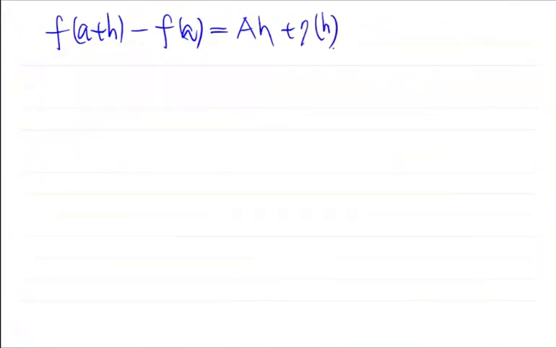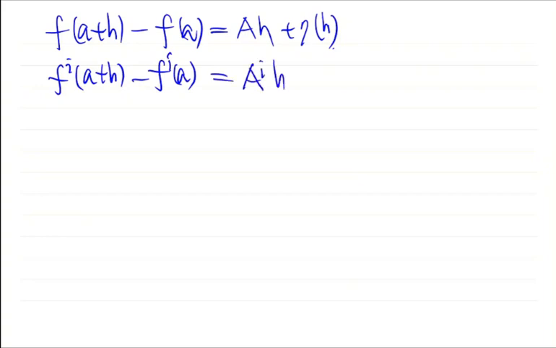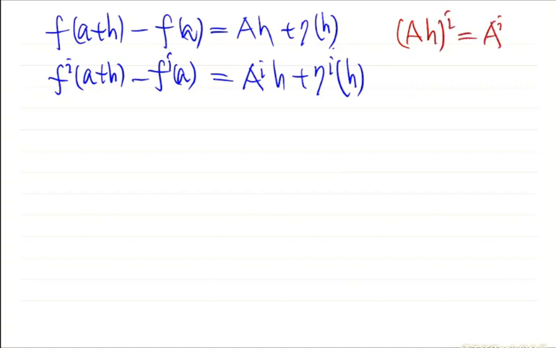The ith component is f_i(a+h) − f_i(a) equals A_i h plus eta_i(h). Why is the ith component of Ah equal to A_i h? We use a useful fact. This is linear algebra. Maybe you forgot this, so I will tell you.